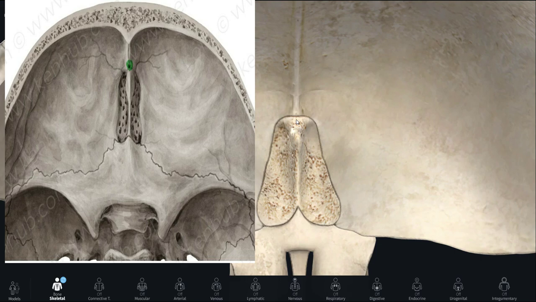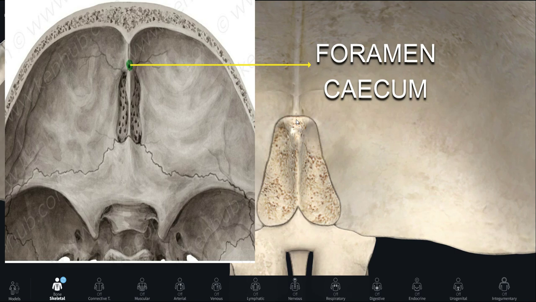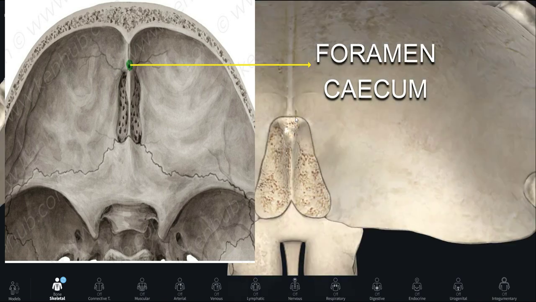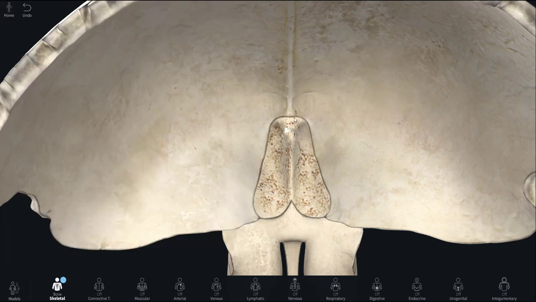That opening is called the foramen cecum. So the foramen cecum is formed somewhere over here due to the articulation of the ala of the crista galli with the ethmoidal notch of the frontal bone.